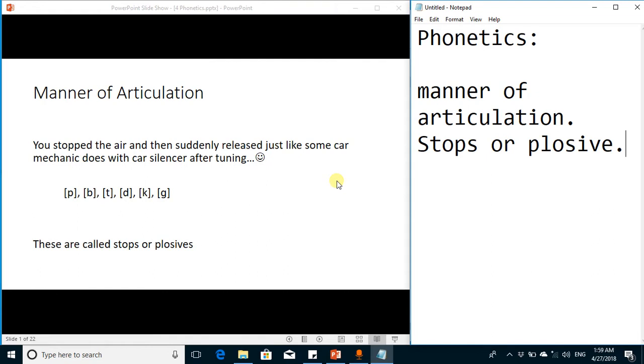I mean, when we articulate any speech sound, we exhale, and for these sounds, while exhaling, we stop the airstream at the front mouth cavity level, and then we release the airstream, just like a car mechanic when he stops the smoke stream and releases it at the silencer level. So these are called stops and plosives.